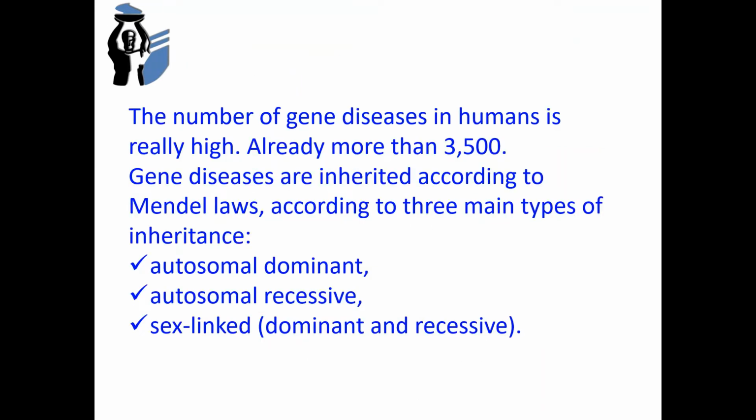Already more than 3,500 gene diseases are inherited according to Mendel laws, according to 3 main types of inheritance: autosomal dominant, autosomal recessive, and sex-linked dominant and recessive.